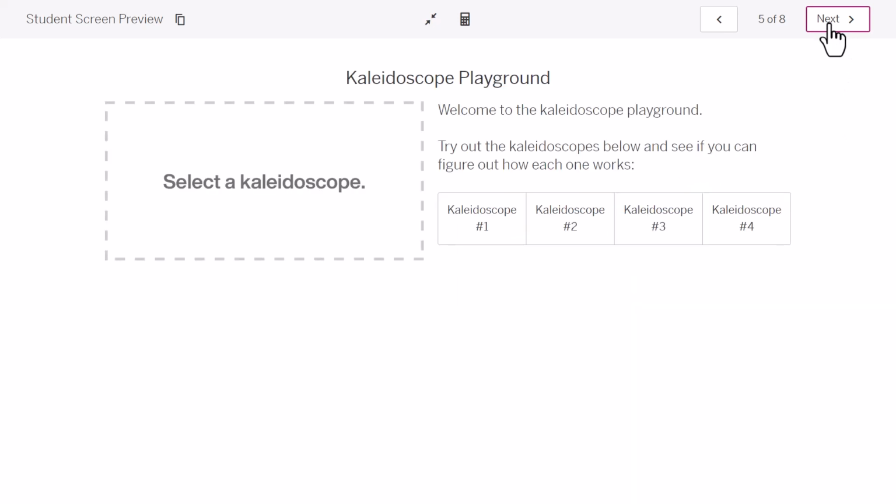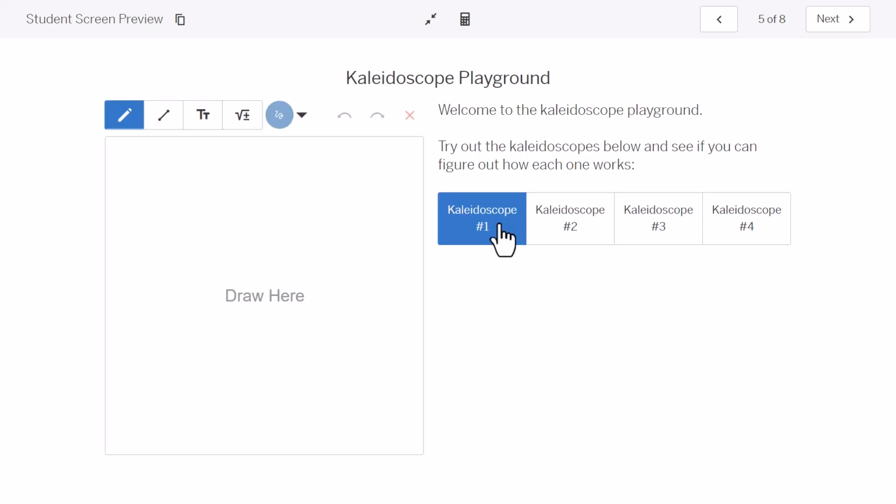So this next activity is fun, but describing how each of these kaleidoscopes works is harder. So let's take a look at these different kaleidoscopes. Play around with them a little bit. And remember that what's important is searching for ways to describe movement. This is just a little trickier. I'm going to let you see if you can do this one on your own. There's nothing to type in here.